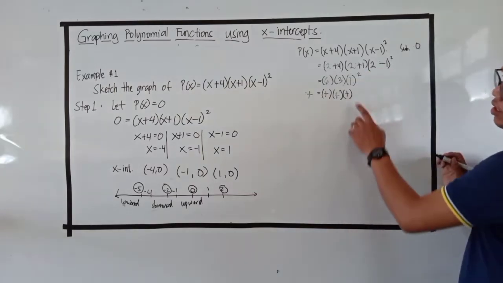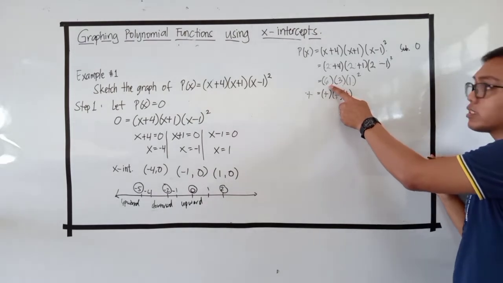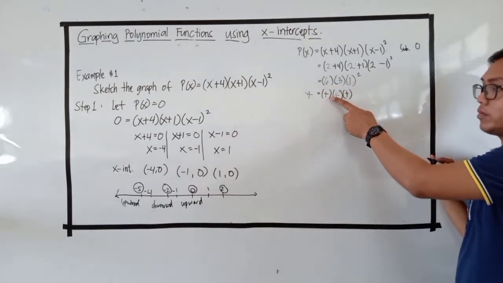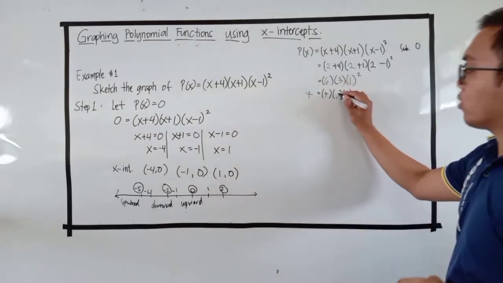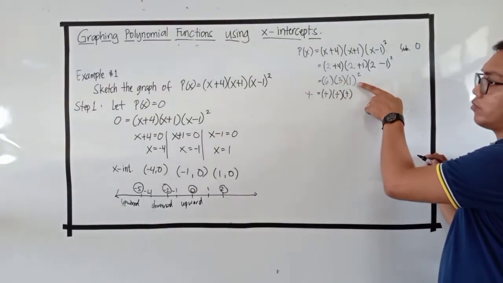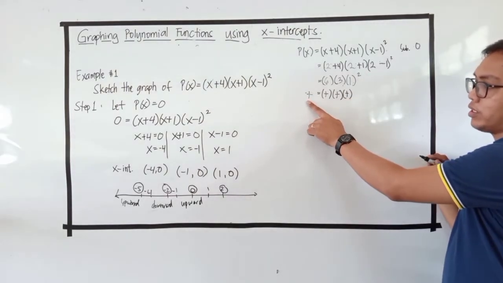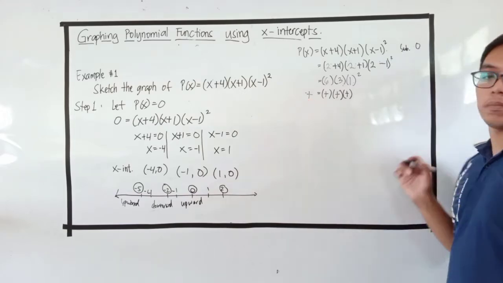The sign of 6 is positive. The sign of 3 is also positive. And the sign of 1 squared is also positive. Therefore, our graph here is positive.